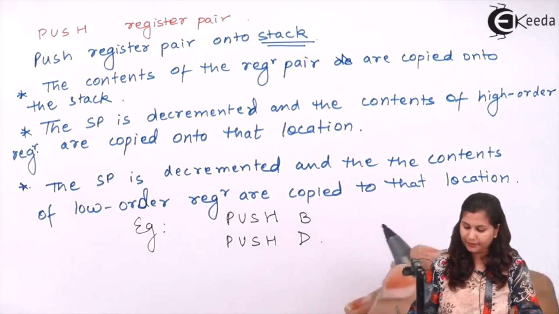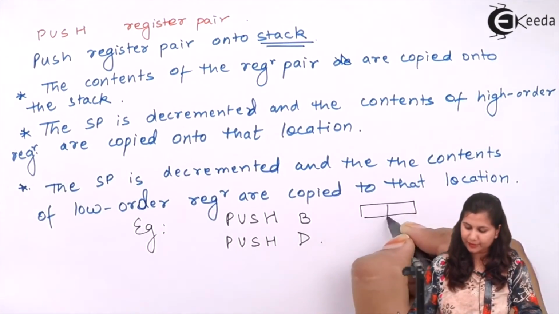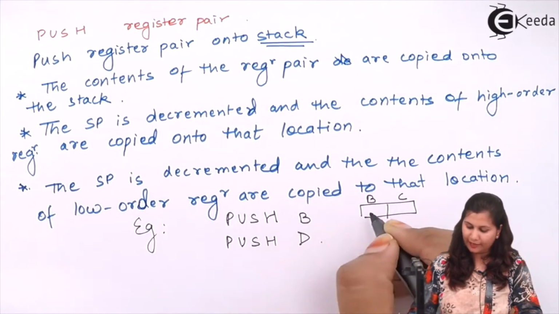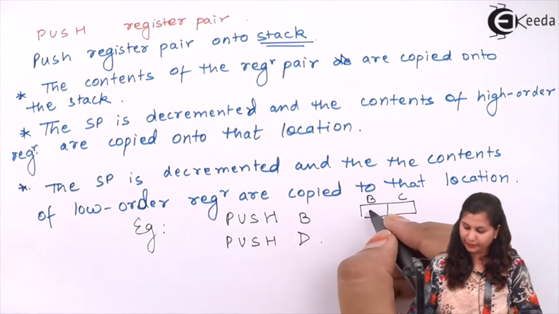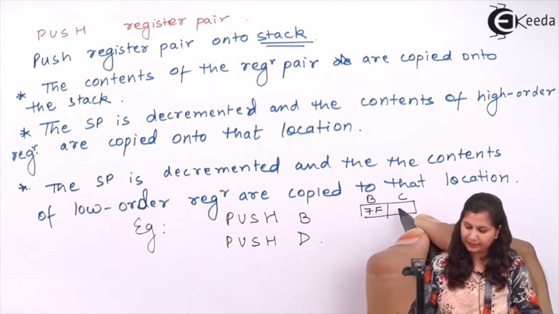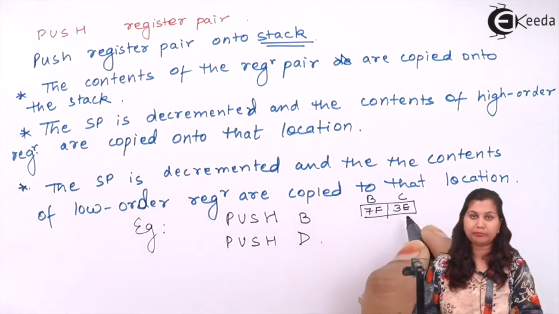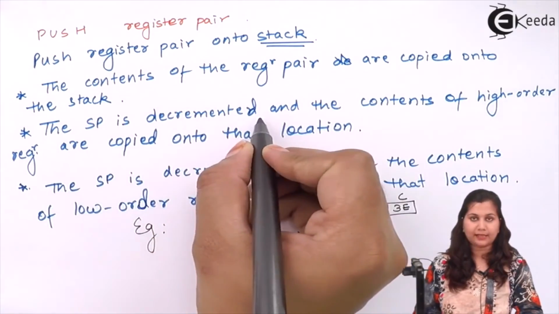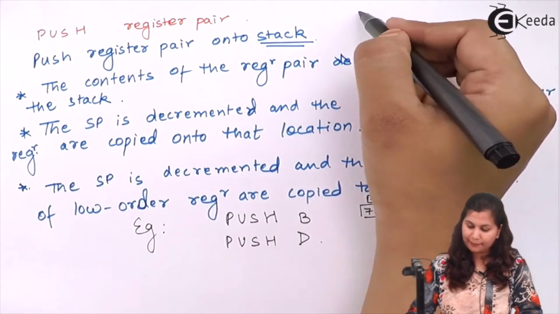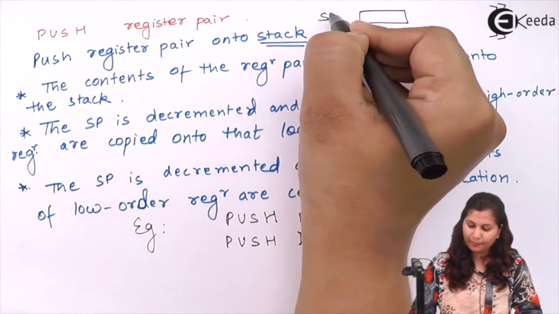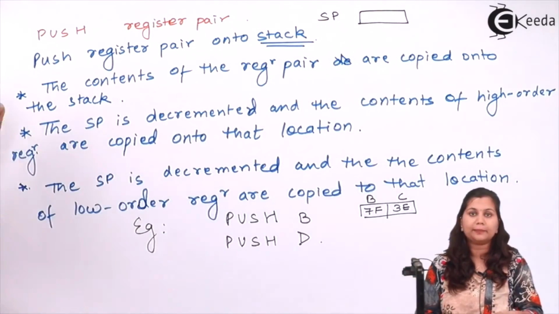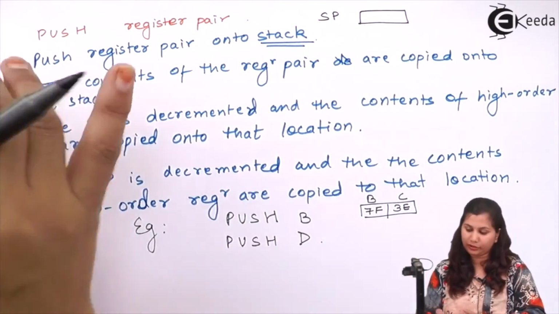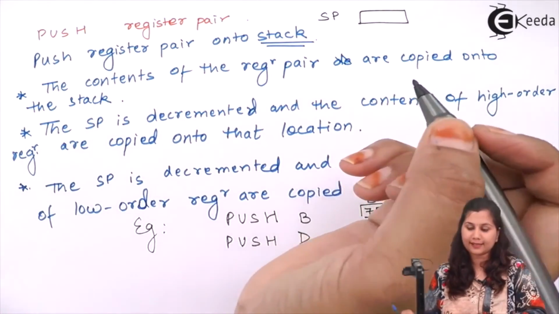The contents of the register pair are copied onto the stack. How are they copied? Suppose in the BC register pair we have 7F and 3E stored. Then the stack pointer is decremented. The stack pointer shows us the beginning of the stack, the location from which the stack is starting.